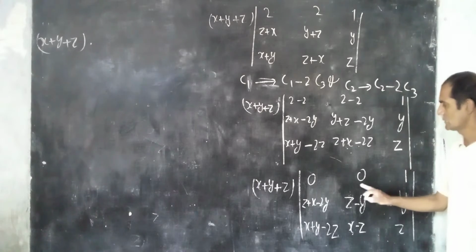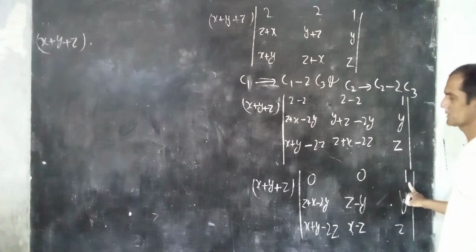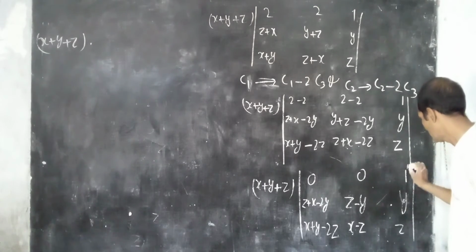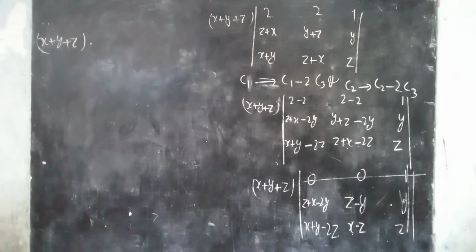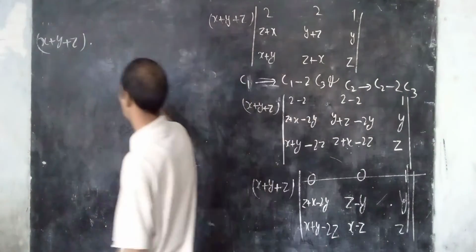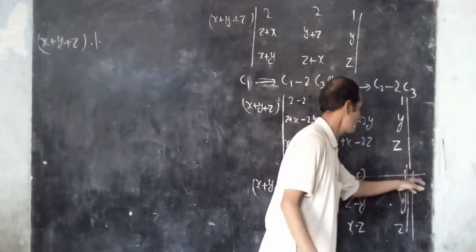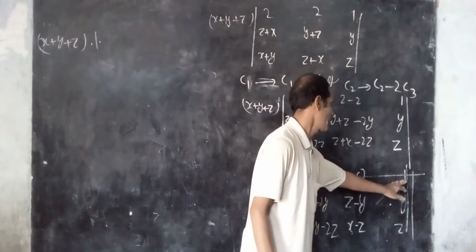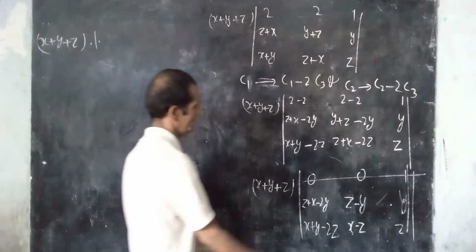So we only take the term corresponding to this 1. Write that 1 and leave the row and the column in which 1 is present. We write plus sign, the value of element 1, and leave the row and column in which 1 is present, and write the subdeterminant.